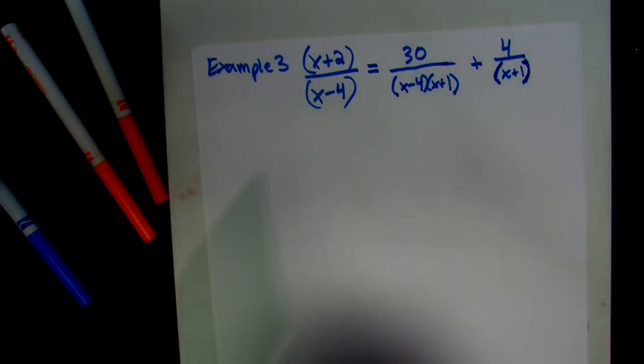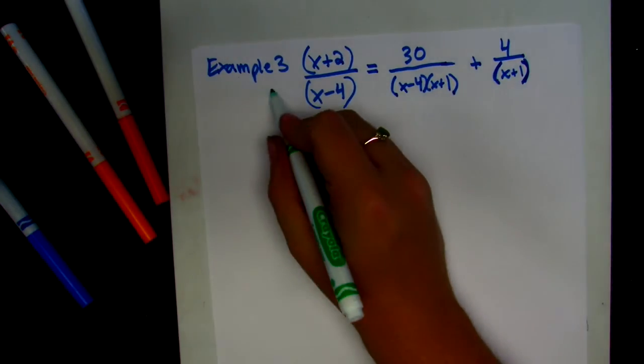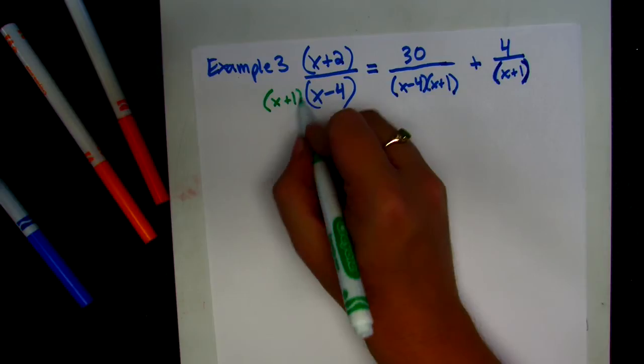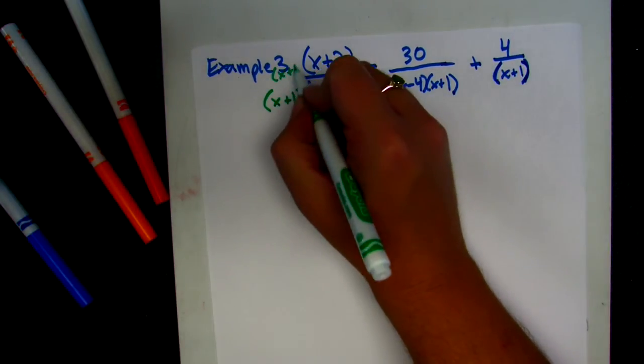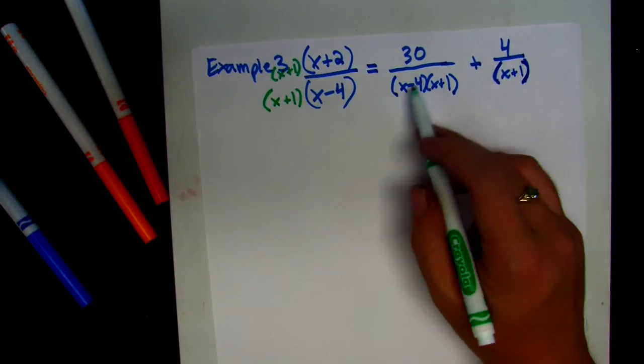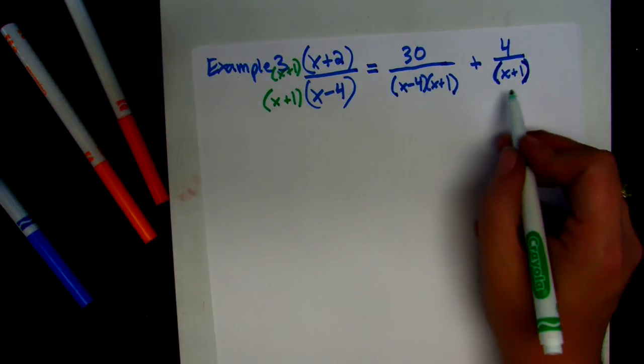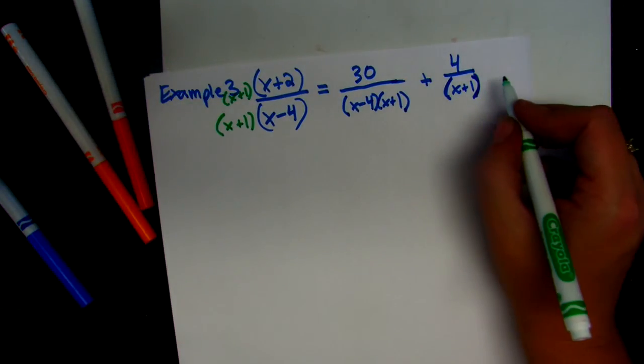So this guy is missing x plus 1. So we'll multiply both top and bottom by x plus 1. This guy is covered. He has both of them. But this guy is missing x minus 4.